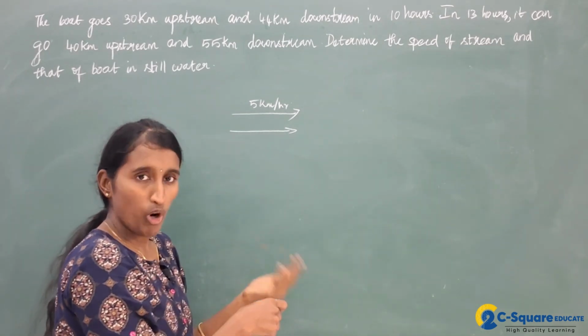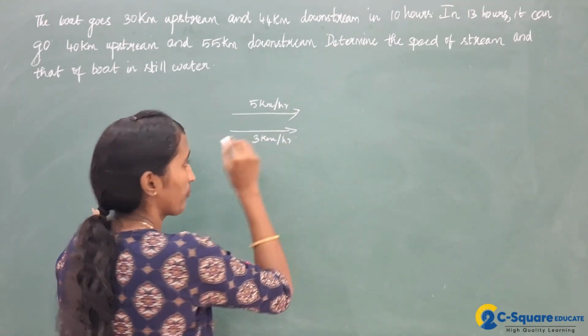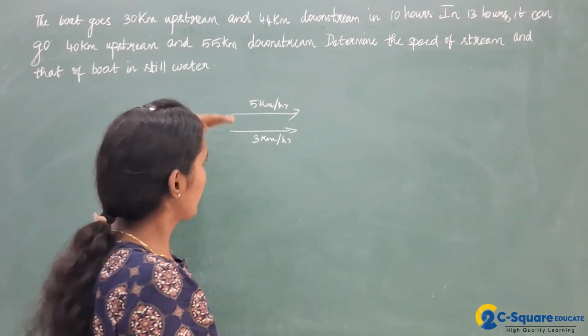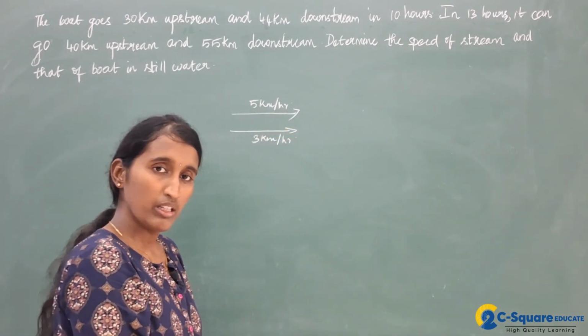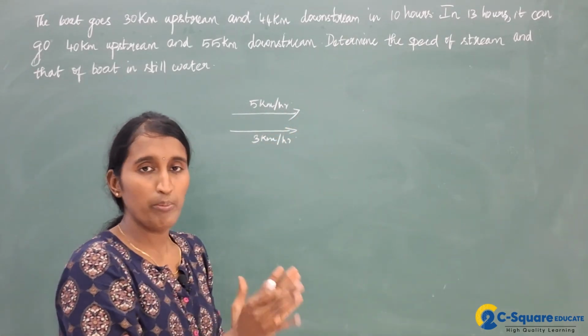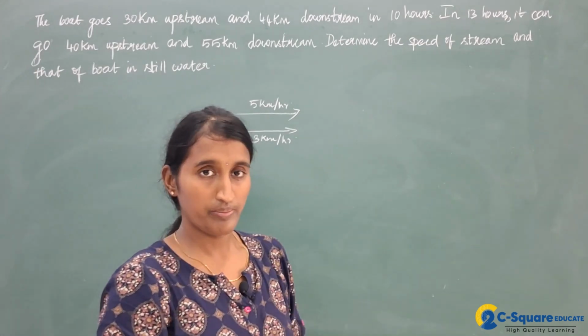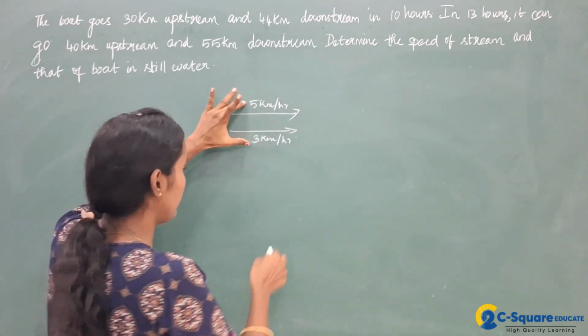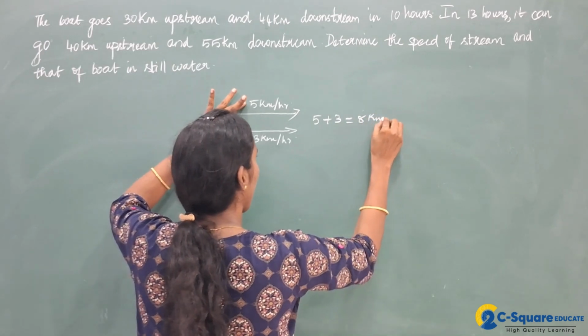Let the speed of the water be 3 km per hour. So this is the speed of the boat and this is the speed of the moving water. What will be the net speed of the boat? What will be the final speed of the boat? It will be 5 plus 3, which is 8 km per hour.